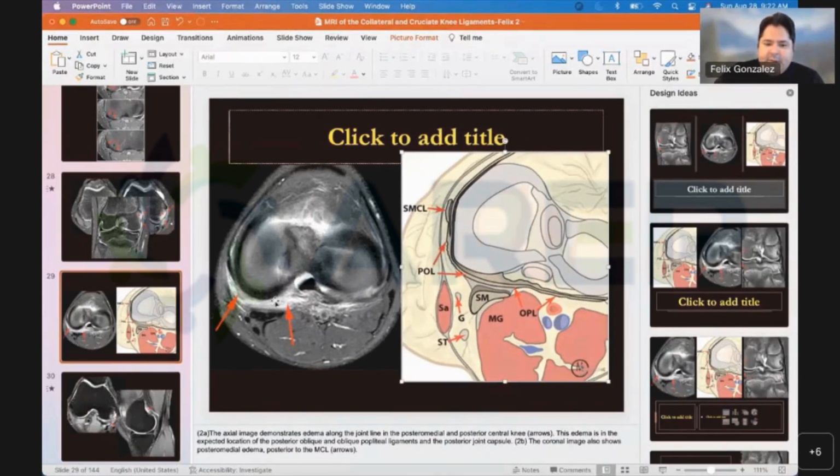This ligament here is the OPL, and this ligament here is the POL. Don't worry too much about the names. Sometimes if I don't remember them, I just say posterior medial capsular ligaments. So if I just see the edema and the disruption of normal anatomy limited to those ligaments, I call it a meniscal capsular separation injury.